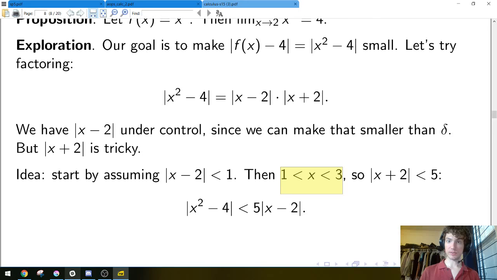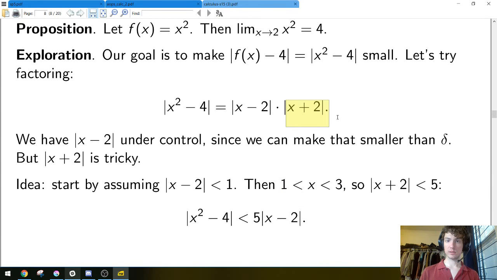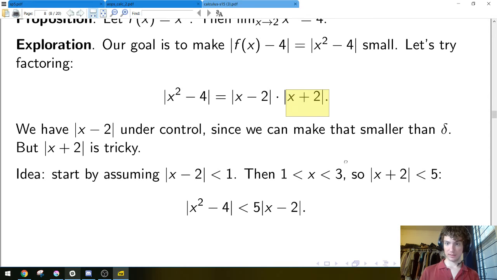If it's in this range, now that other factor, which before we knew nothing about, we have an upper bound for it. Because the biggest that the absolute value of x plus 2 can be, if x is between 1 and 3, is 5. So here the strategy is very important. We know a lot about this, we know nothing about this, so we spend some of our freedom to restrict this guy in order to get a handle on the second guy. We say x is in this range, which gives us an upper bound on the second factor.